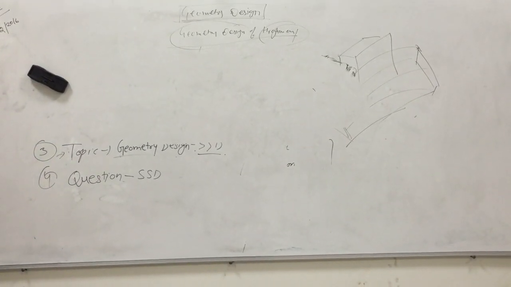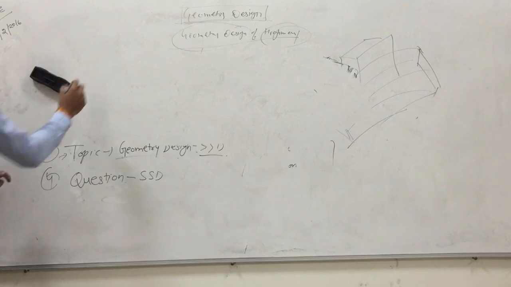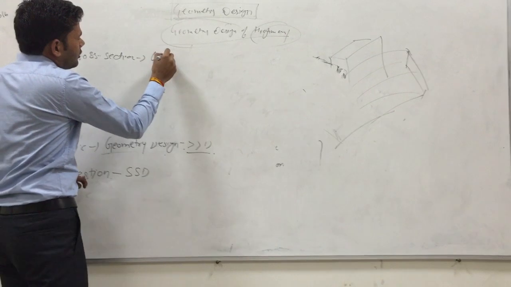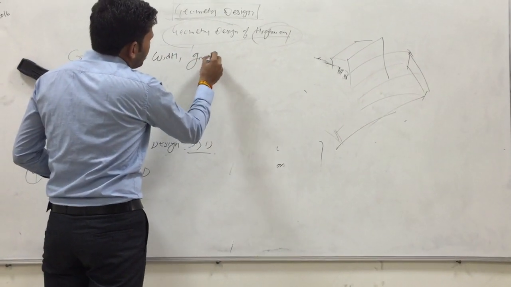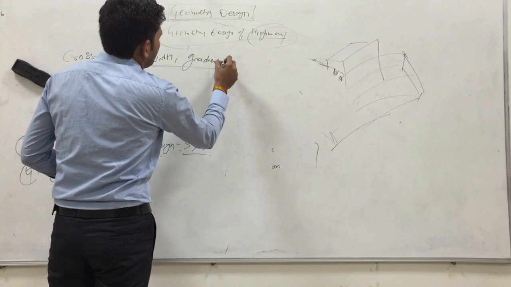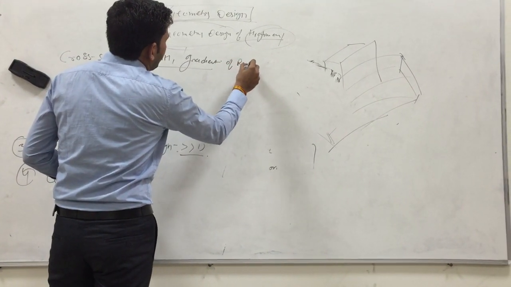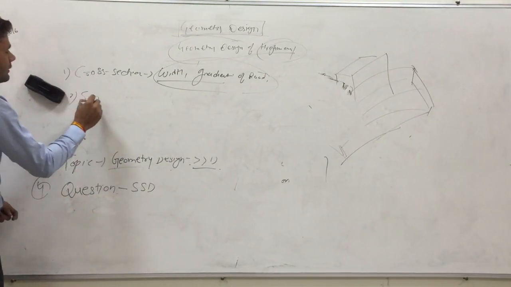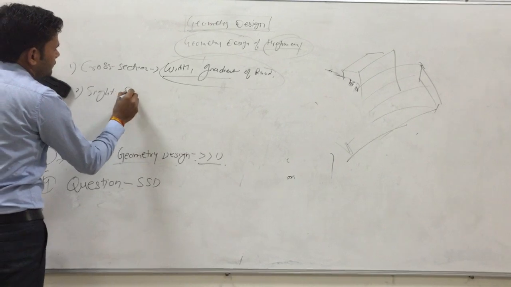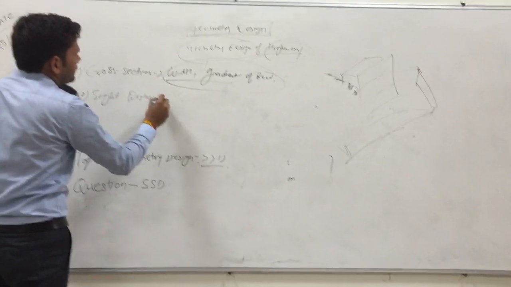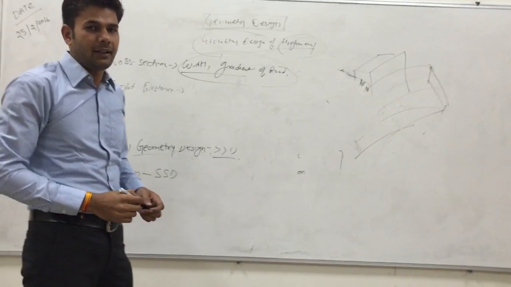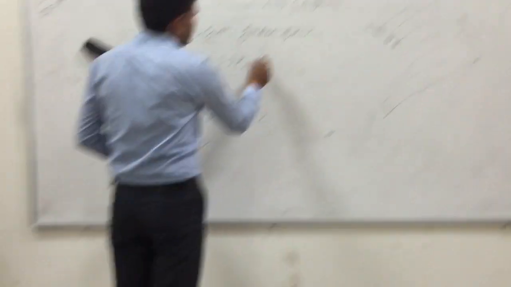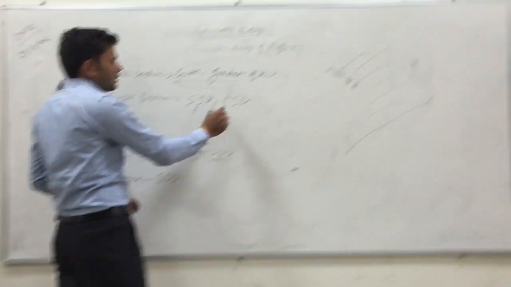In geometry design of highway, we cover the elements. First, the cross-section elements, that is the width, gradient of road, etc. So we have to design for these. Second is sight distance, the distance which should be available ahead of the driver, in which we design for SSD and OSD, that is the stopping sight distance and overtaking sight distance.